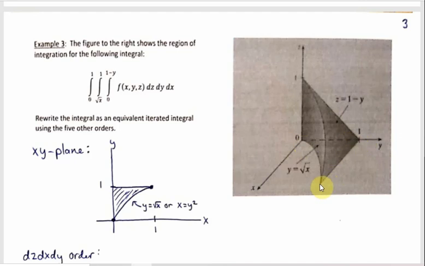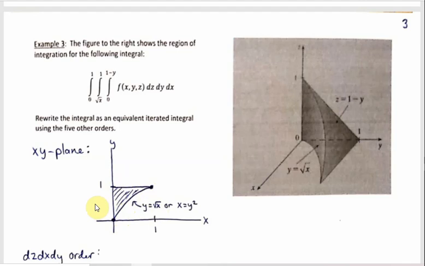This point out here. So if you rotate this a little bit, so it's the usual way with x horizontal and y vertical, then you would have y equals radical x as the bottom of this thing, and then y equals 1 as the top, and x equals 0 over here is the other boundary.